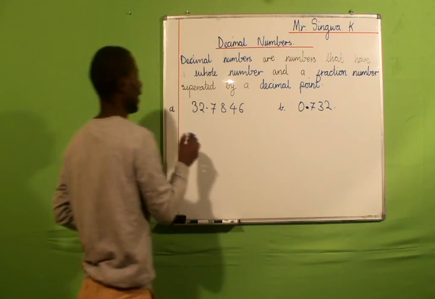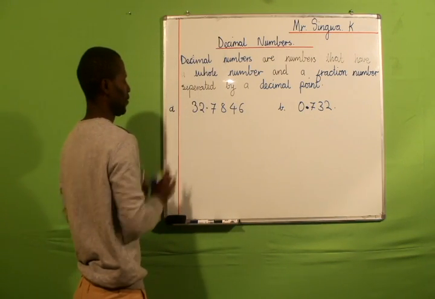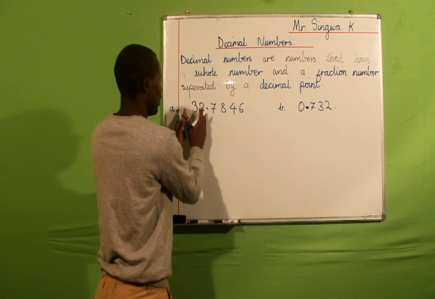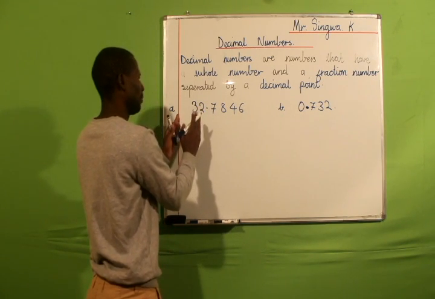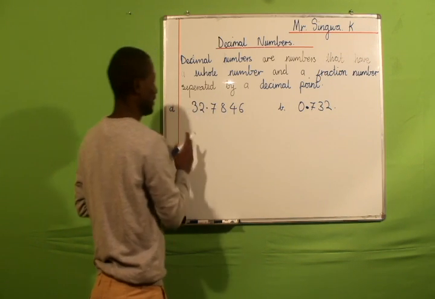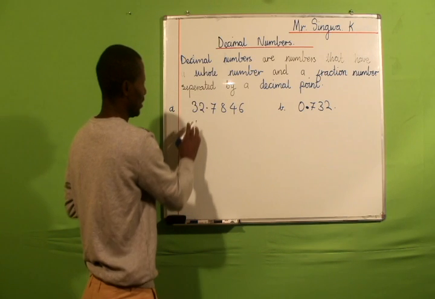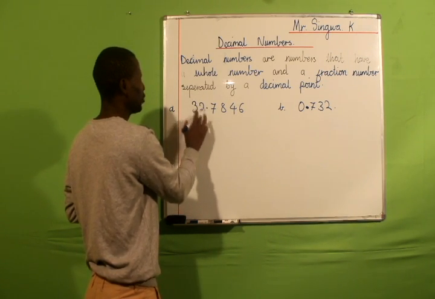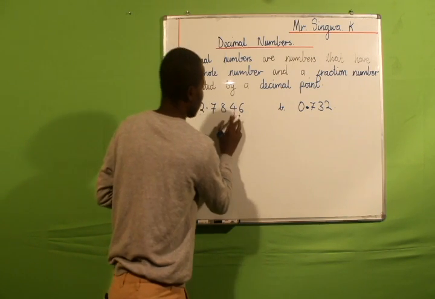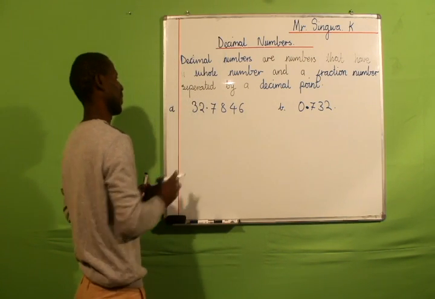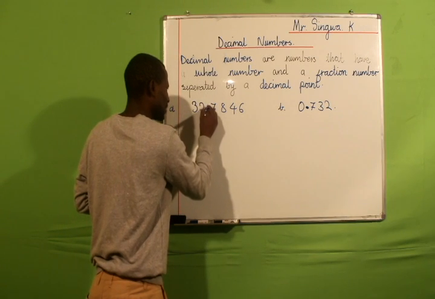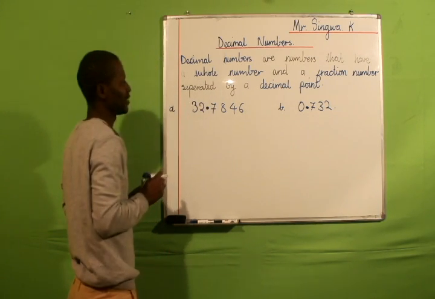Now, when you look at the figure here, you find that there are a lot of parts. Probably these figures, they are represented by figures of numbers. Like, for example, we have 3, 2, 7, 8, 4, and 6. Now, besides the numbers, we have what we call a decimal point.